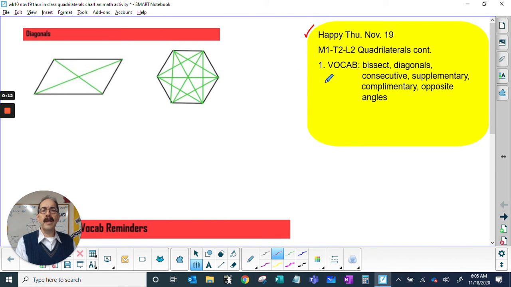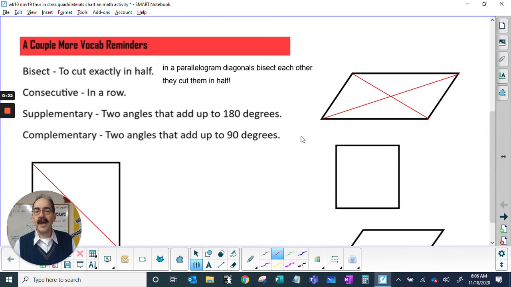The other day we got together and we talked about bisect, diagonals, consecutive, supplementary, complementary, and opposite angles. Wow, all the vocab in this class.